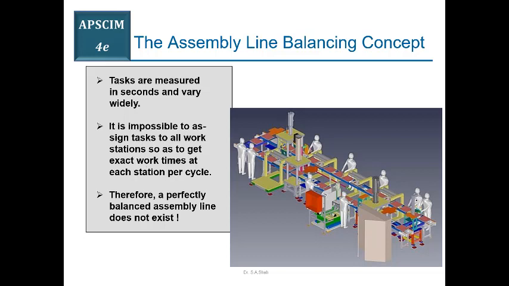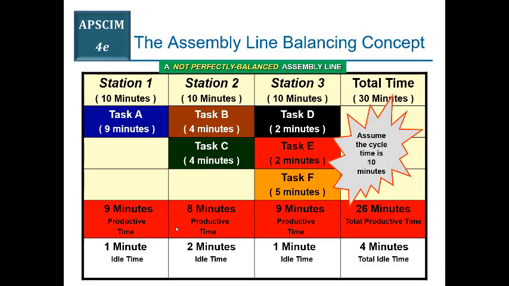So therefore a perfectly balanced line does not exist, ठीक है ना. So आपके पास कुछ इस तरह का solution आएगा, ठीक है ना. Like you will have multiple stations, and suppose the cycle time is 10 minutes, so maybe task A जो है वो 9 minutes का होगा, टास्क बी जो है वो 4 मिनट्स का है, टास्क सी 4 मिनट्स का है, 5 to 2 का है, you know.